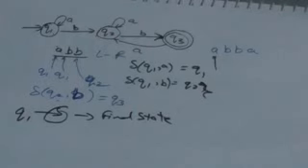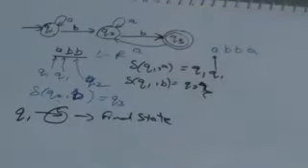First it will read input symbol A, then B, then B, then A. Initially it is in its initial state Q1. When it is in Q1, after reading this input symbol A, it will again jump to Q1 state. See this transition.